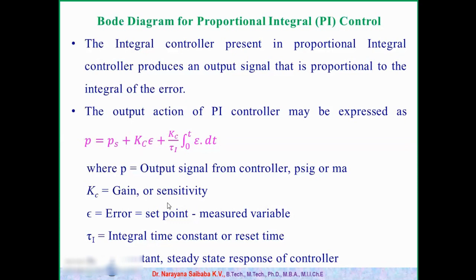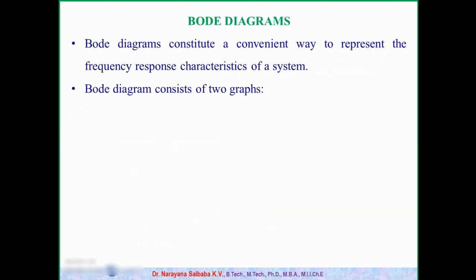For this proportional integral controller, we now want to draw the Bode diagram. We know that a Bode diagram consists of two plots. One is log AR versus log omega, and the second one is phi versus log omega. The first one is the log-log plot, the second one is the semi-log plot.